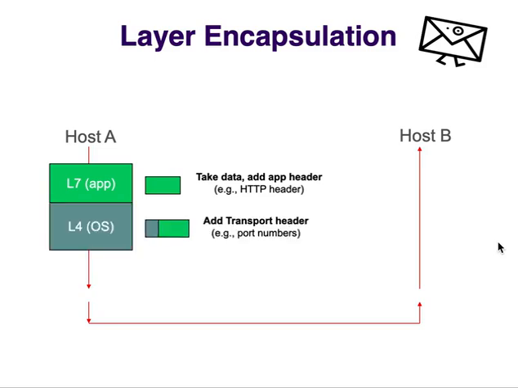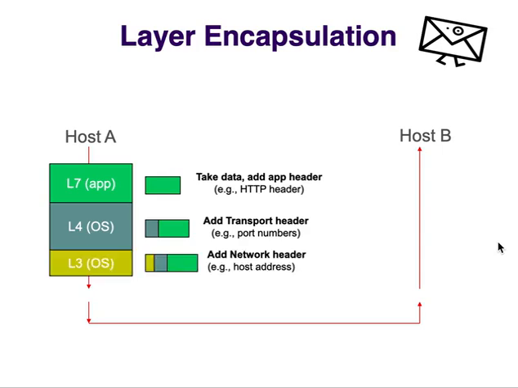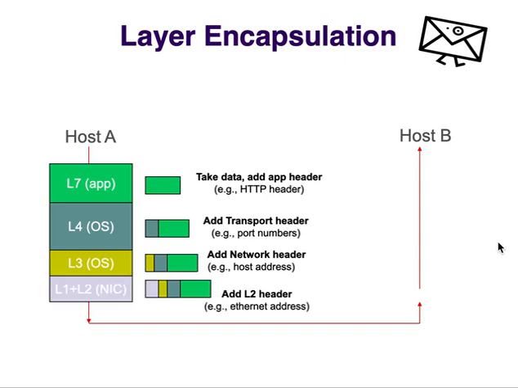You'll then hand it down to your layer 4 implementation, or TCP. TCP is going to put its own TCP header on top in addition to that HTTP header, and then pass it down to the IP layer, or L3, which is going to put an IP header on top. And down to L1, L2, which is your data link layer, getting the bits out on the wire.